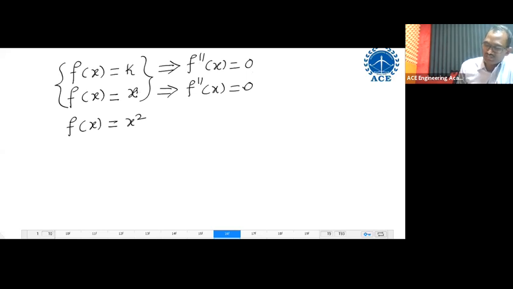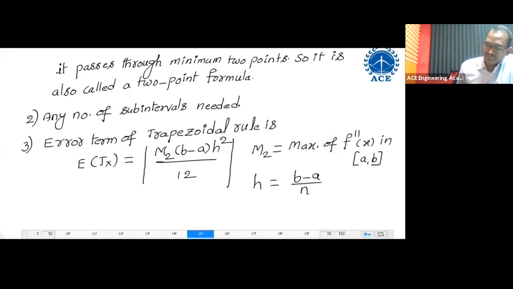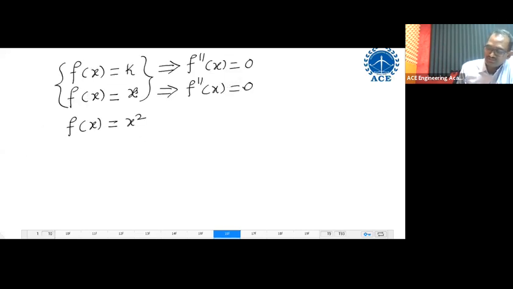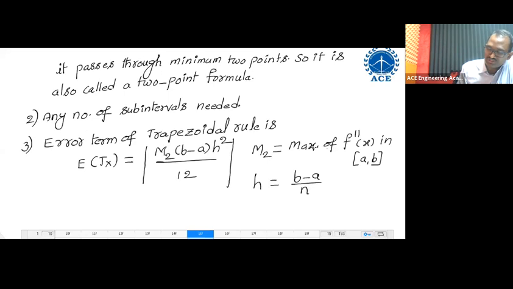So F double dash X is 0, which means M2 is 0, because M2 is the maximum of F double dash X. If F double dash X is 0, then M2 is 0. M2 0 means 0 into something is 0, 0 by something is 0. So the error value is 0. Error value 0 means we are getting a 100% accurate value.